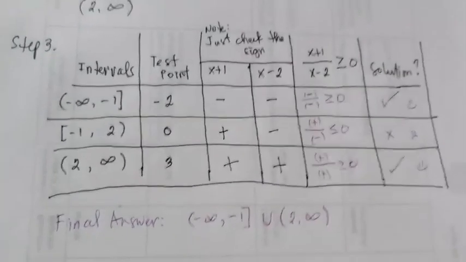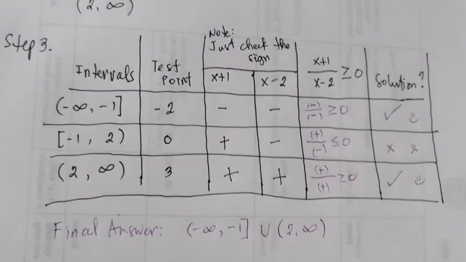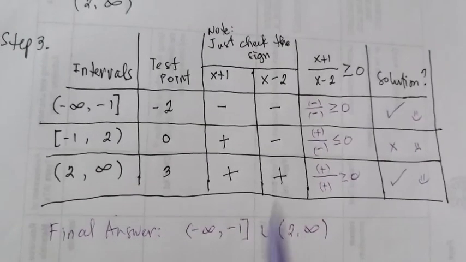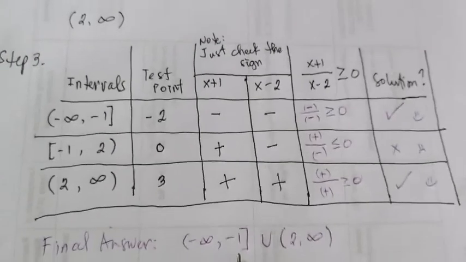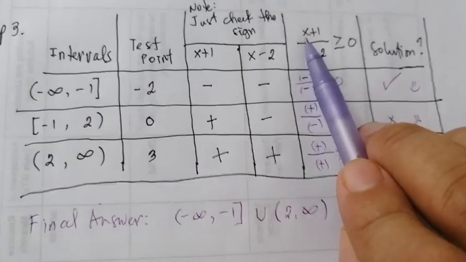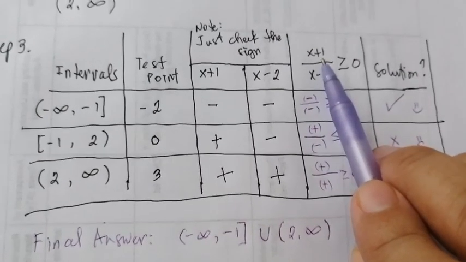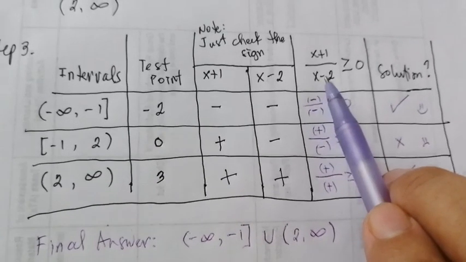Okay? Now, if you want to make sure if our solutions are correct, pwede tayo mag-substitute ng value. So, mag-assign ka lang in between negative 1. Actually, negative 1 is included. Pwede. So, pag tinest na natin dito, negative 1 plus 1, 0. So, 0 divided by negative 1 minus 2 is 0 pa rin.